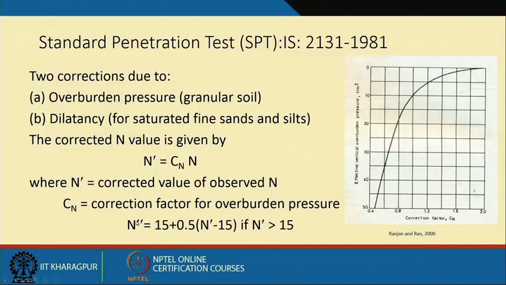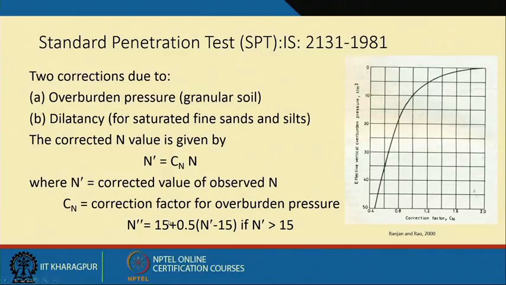After the second correction, the corrected value N double dash is 15 plus 0.5 within bracket N dash minus 15. N dash is not the measured value, it is the corrected value after applying overburden pressure. Finally we will get the N double dash.